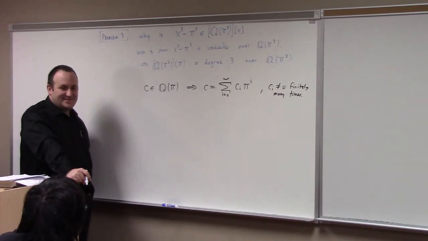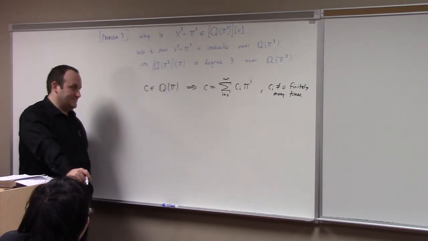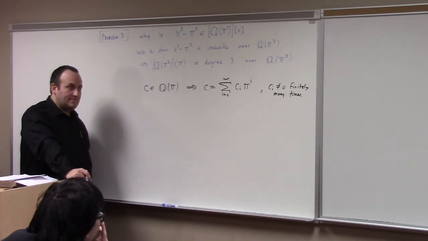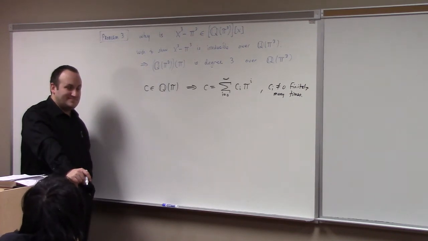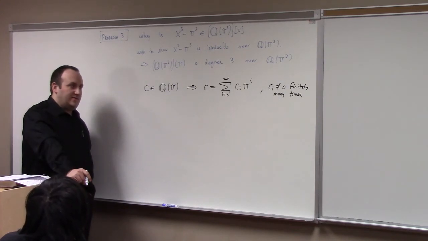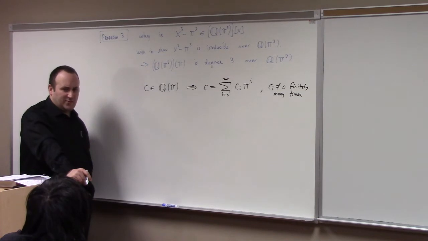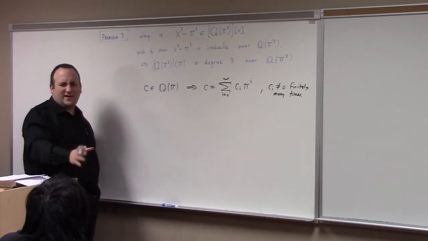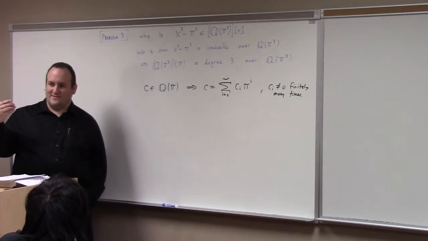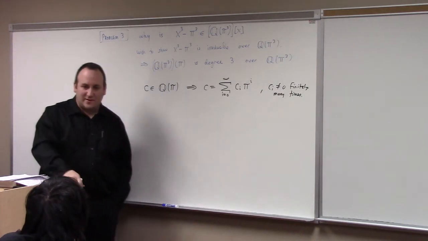I just think of it as a quotient by something. If you want to look at it in terms of quotients, I think we have to think about some sort of infinite object built from pi, and then we take the quotient by all possible polynomials in pi, or not polynomials, the quotient by all more than polynomials or something like that, if you wanted to obtain it as a quotient.